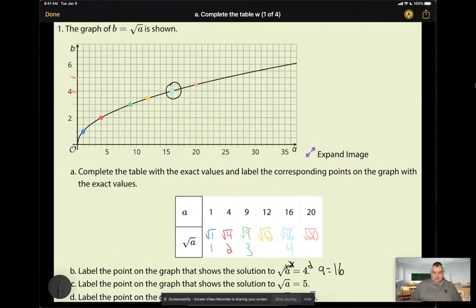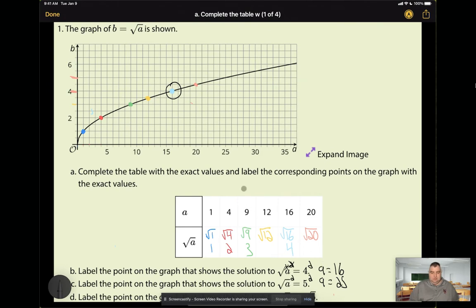Okay. C, label the point on the graph that shows the solution to square root of a equals 5. So I can once again do the same thing here, square both sides, and end up with a equals 5 squared, which is 25.